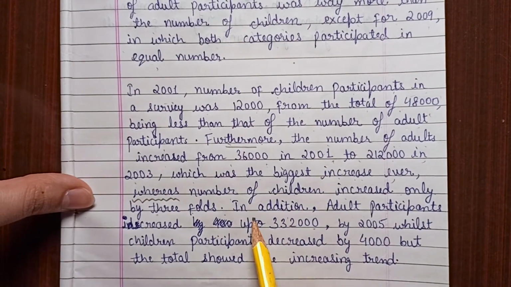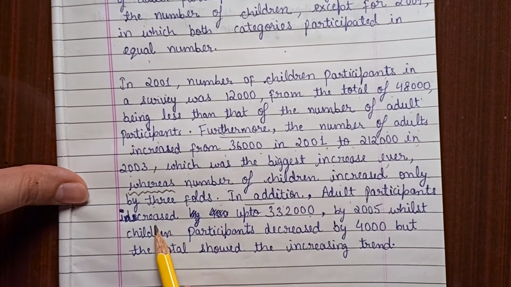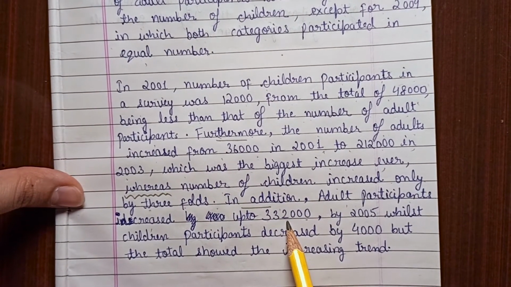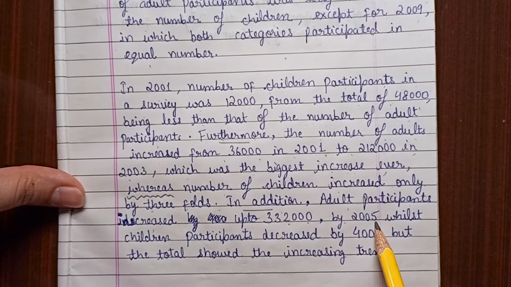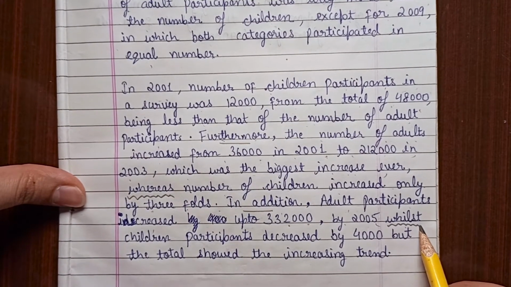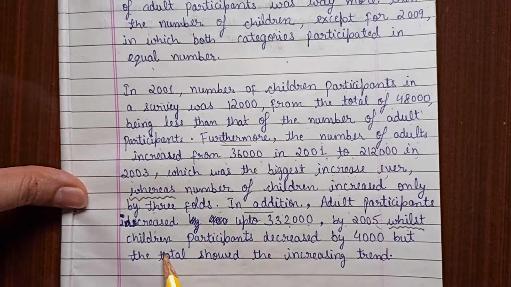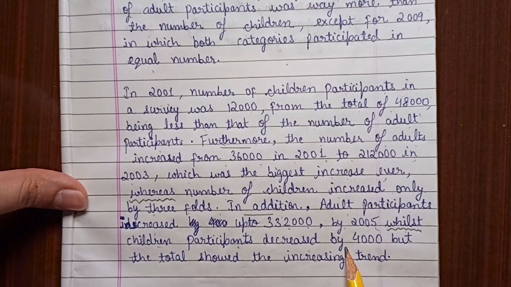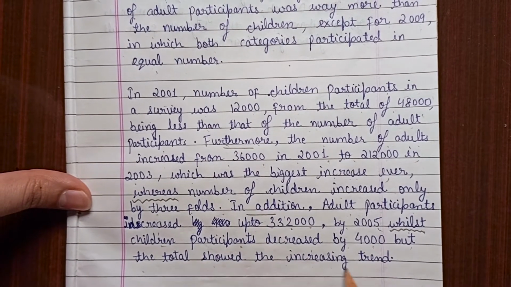In addition, this is also the connector. Adult participants increased up to this figure, 3,32,000 by 2005, whilst, this is also the comparative term. You can also write while instead of writing whilst. Children participants decreased by 4,000, but the total showed the increasing trend.